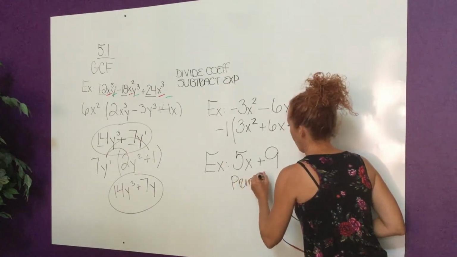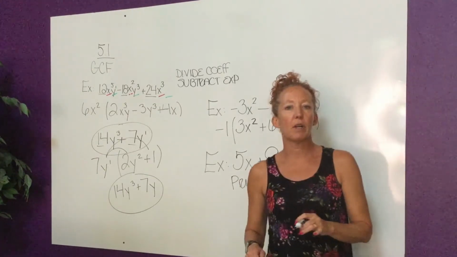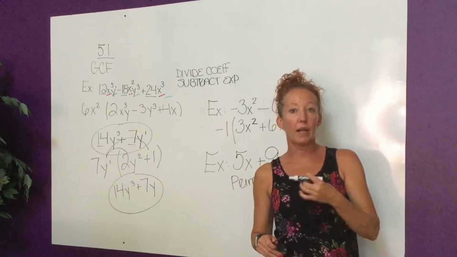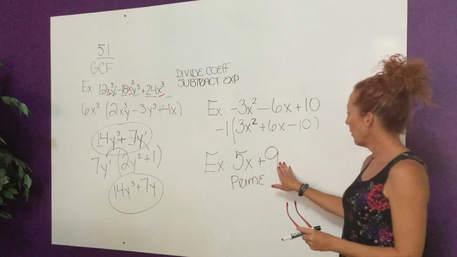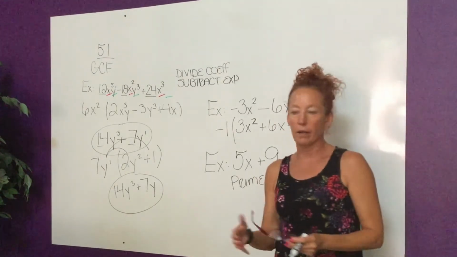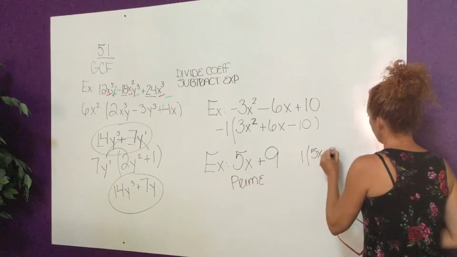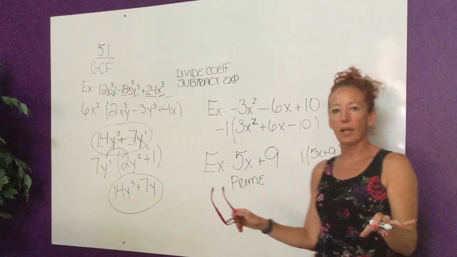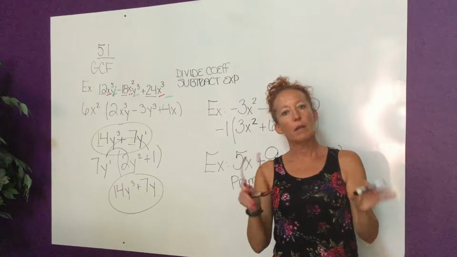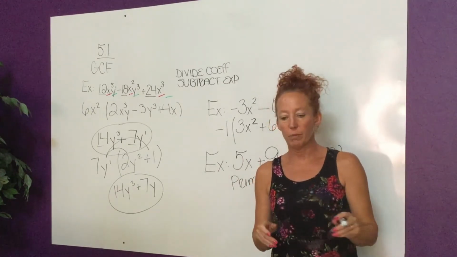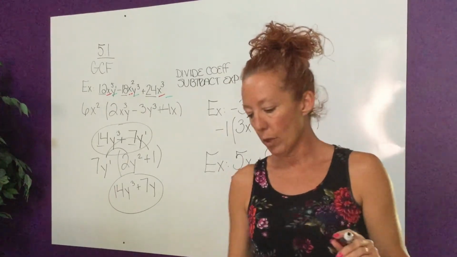Think about what a prime number is. A prime number's only factors are 1 and itself. So the only factors here are 1 and 5x plus 9. There's no other way to break that apart and have it be a multiplication type question with anything other than 1.